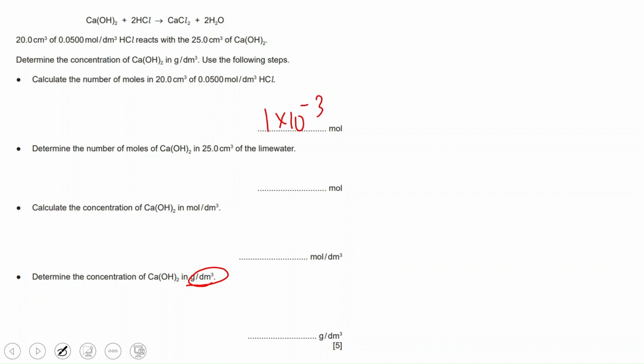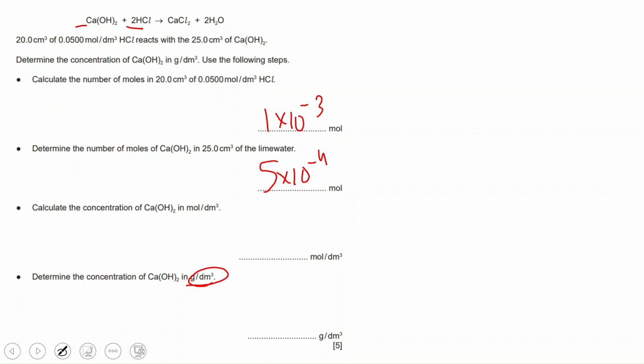Now the moles of Ca(OH)2 in 25 centimeters cubed of that, the ratio is 2:1. So you have to divide the HCl moles by 2 to get the moles of Ca(OH)2. So that's going to be 5 times 10 to the power minus 4.